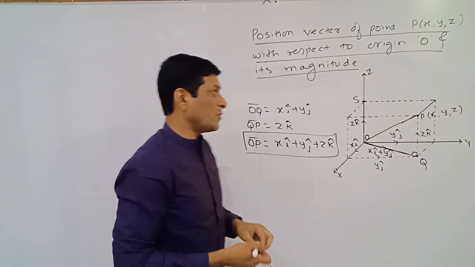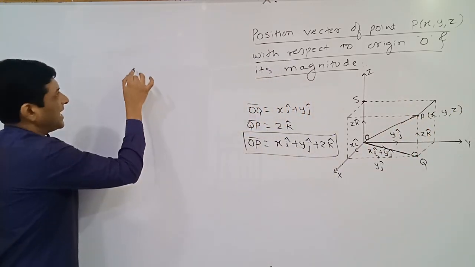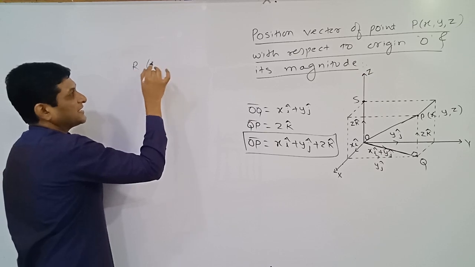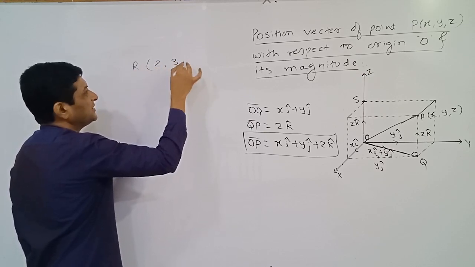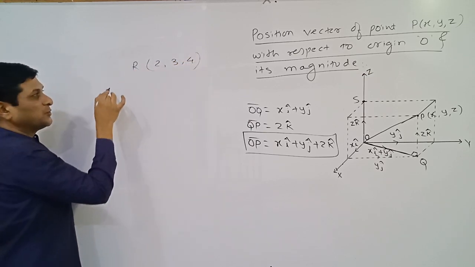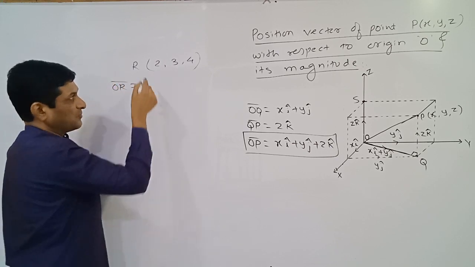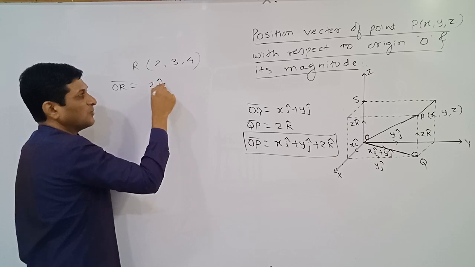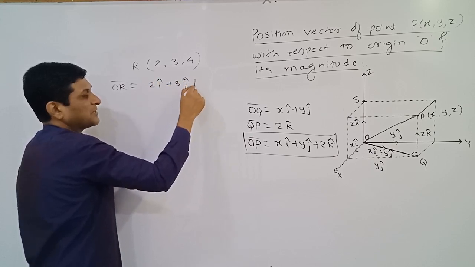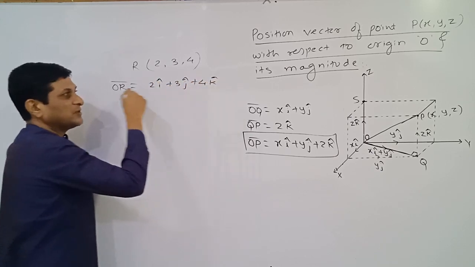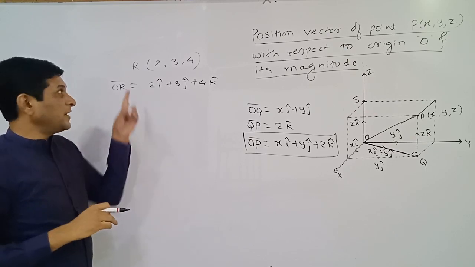Now if the coordinates of some point, say R, are 2, 3, 4, then we can say its position vector with respect to origin, let us denote it by OR bar. What will be the value of OR bar then? 2i cap plus 3j cap plus 4k cap. In this way we are finding the position vector of a point with respect to origin.